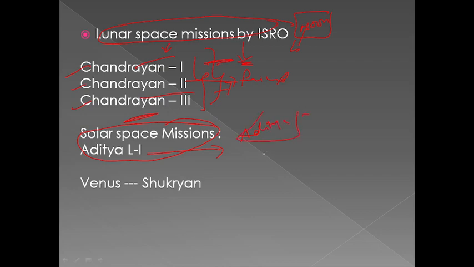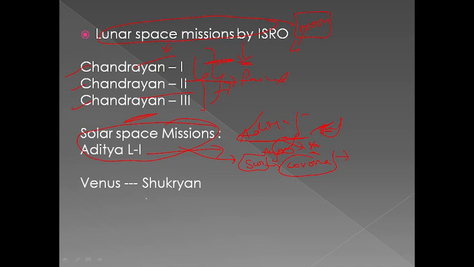It was expected to launch in June or July, but unfortunately it was postponed to August. So we are waiting to see when Aditya L1 is going to launch. When launched, it is going to study the sun's temperature, the sun's structure, and the corona and CMEs around the sun, everything we are going to learn from Aditya L1.